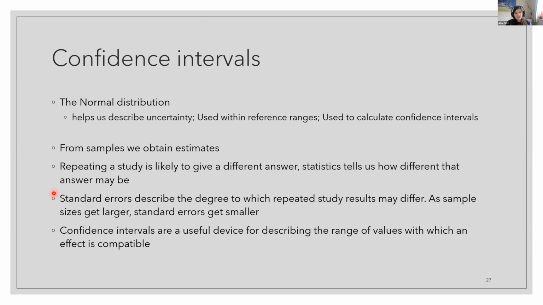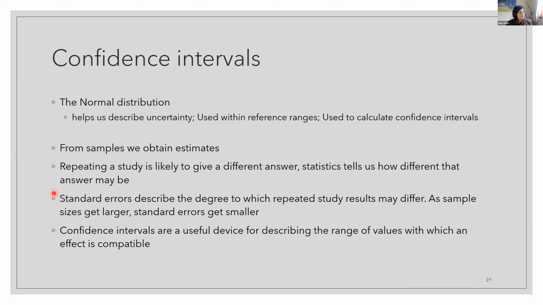If we were to take another sample of 100 participants, then we would expect to see a different answer. So if we calculate the mean from the second 100 participants, we'll get a slightly different answer, but we can work out how different we expect it to be for each one of those samples that we might take.